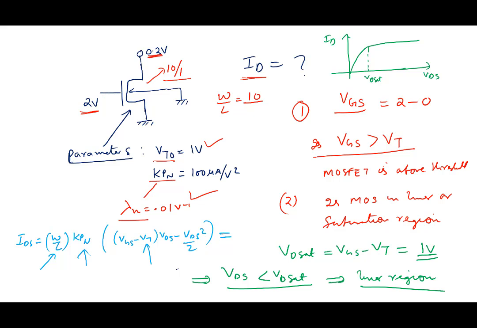Same problem, similar, I could change it by writing here, what if I apply 3 volt here? If I apply 3 volt here, you would immediately see VDS is not less than VD sat.